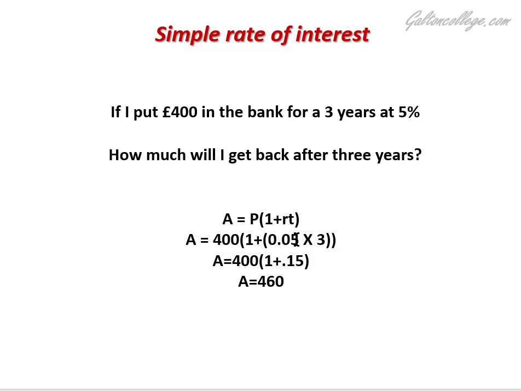That's 0.05, and I get it for 3 years. So 3 times that is 0.15. Remove the bracket, and I get 1 plus 0.15. Multiply all of that by 400, and I get 460. So if I have £400 and I get 5% in the bank, and I leave it there for 3 years, I'll get 460 back. And that's simple rate of interest. That's how you work it out.